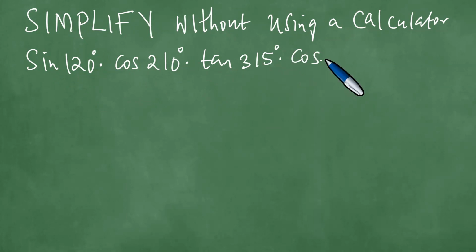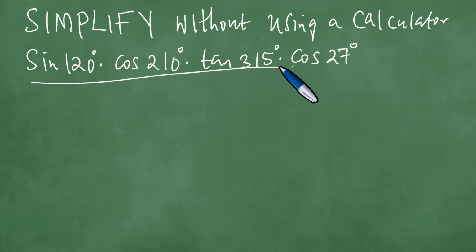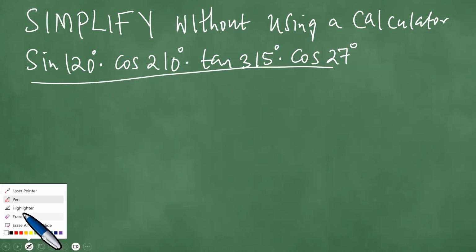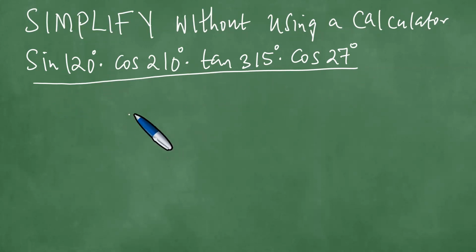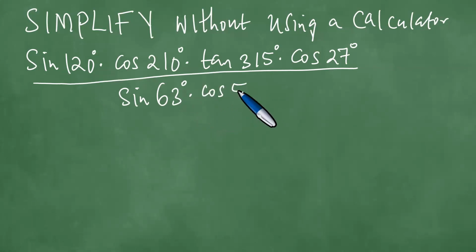And then you have the cosine of 27 degrees. Okay, so this is the case, and you divide everything by the sine of 63 degrees times the cosine of 540 degrees.